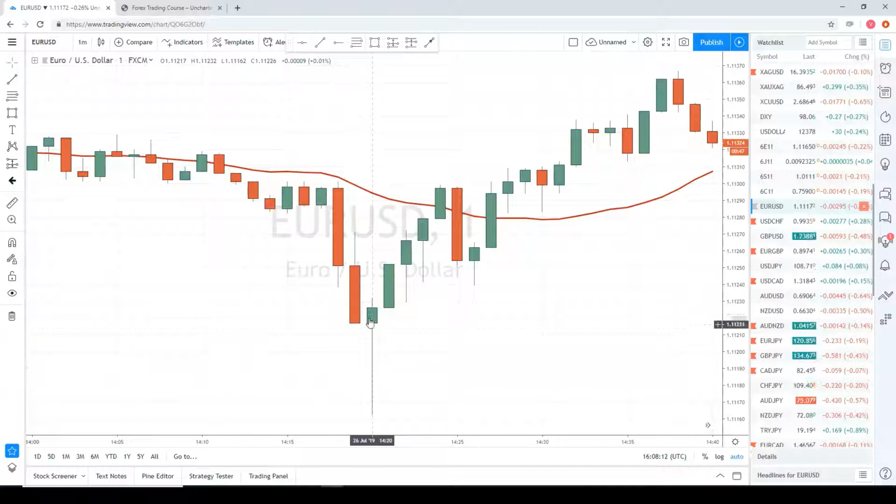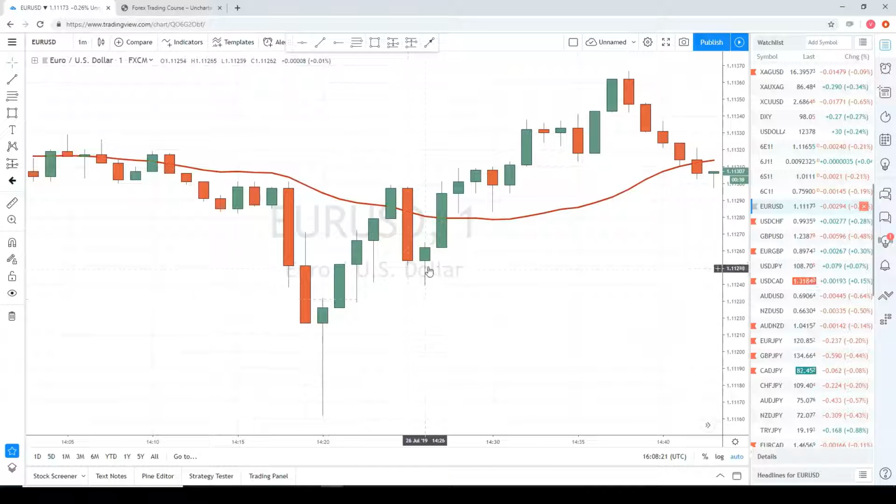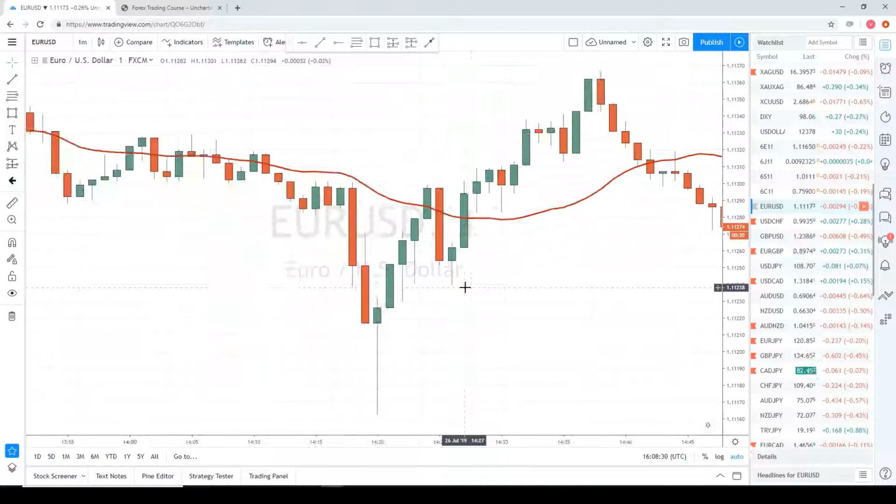In this case, it's like 4 or 5 times the length of the body, maybe even more. So that's what defines a hammer. I guess you could define this as a hammer too, because it looks like maybe we're not double the size, but something like that.